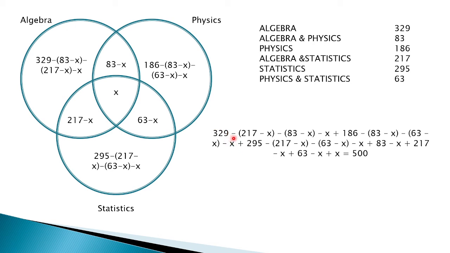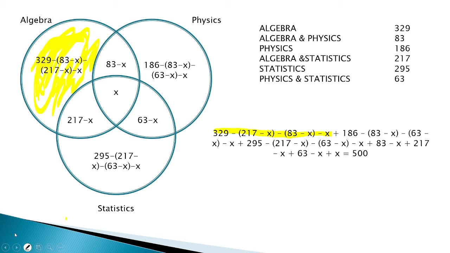So, we have 329 minus 217 minus x minus 83 minus x minus x. Ito yan. This region. Next, plus 186 minus 83 minus x minus 63 minus x minus x.